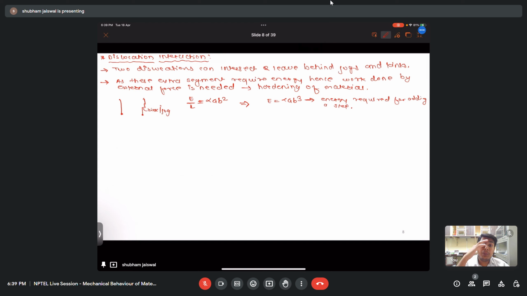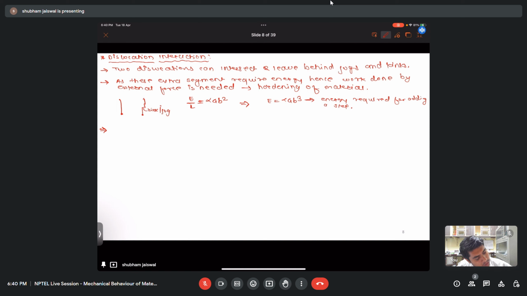So the external force that we are applying should do more work, and if it is doing more work, it means it is hardening the material. So this is about the dislocation interaction. We'll see how different dislocations will interact with each other.